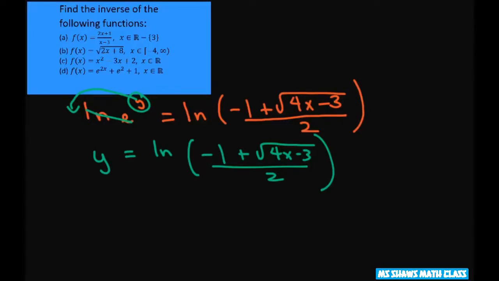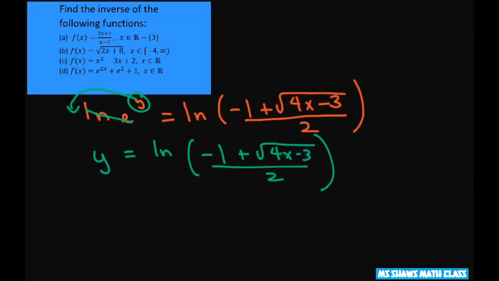Now, for natural logs, we can't have ln of 0, so ln of 1 is 0. We can't have this to be 0. It has to be greater than 0. So we're going to write my numerator.